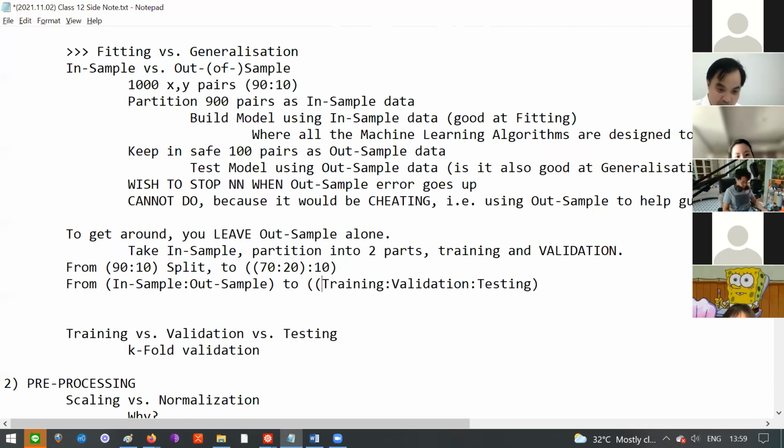And you can put another bracket here just to emphasize. This is what I do, and this is what people would do.